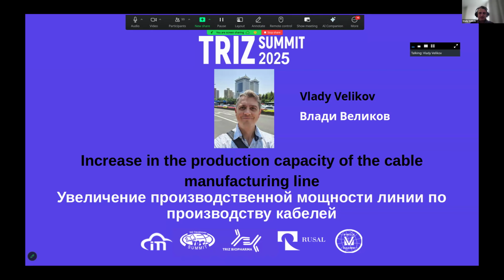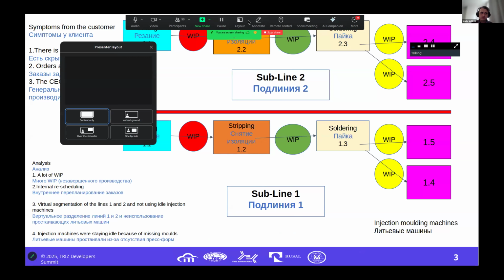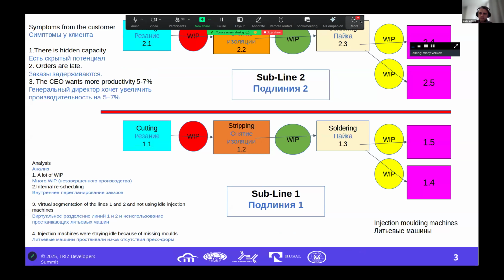So I'm starting to present the situation. How to remove this line? We have production of cables, but the biggest issue was that the cutting machines have to do different sizes of cables.